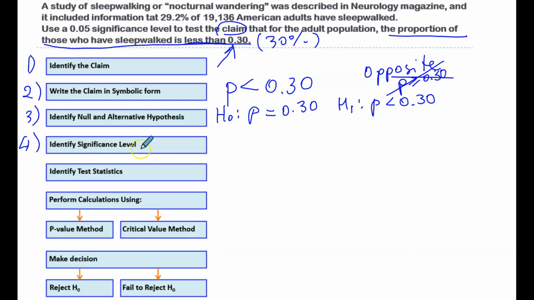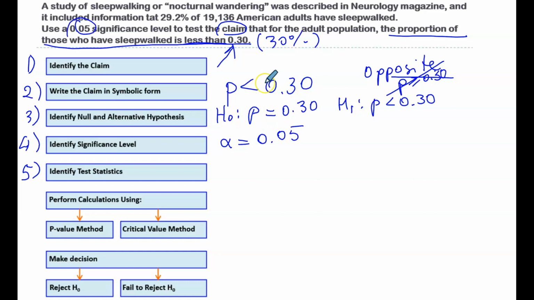Next step is identify significance level. We are given significance level 0.05. So we're going to use alpha of 0.05. Next step is to identify the test statistic.